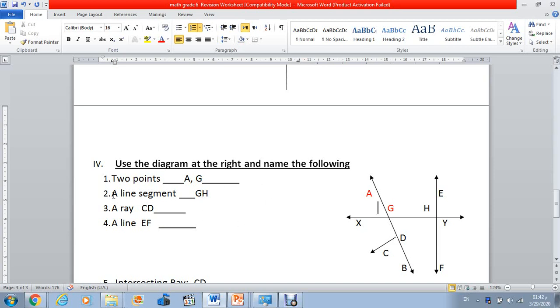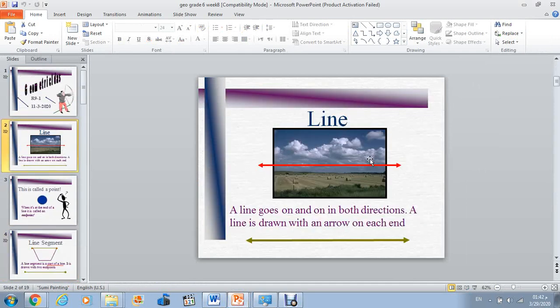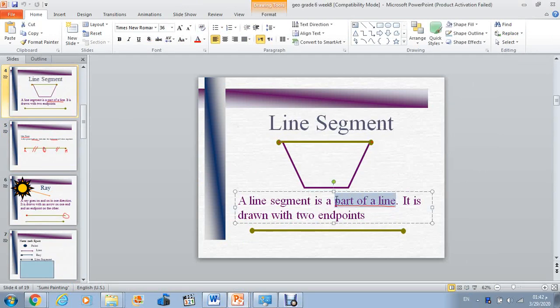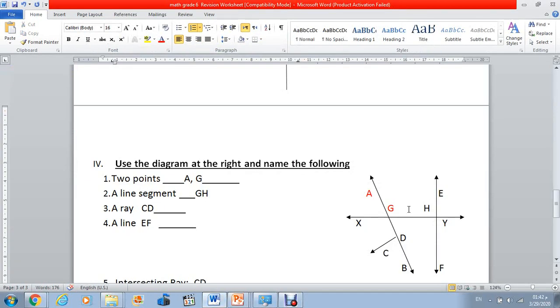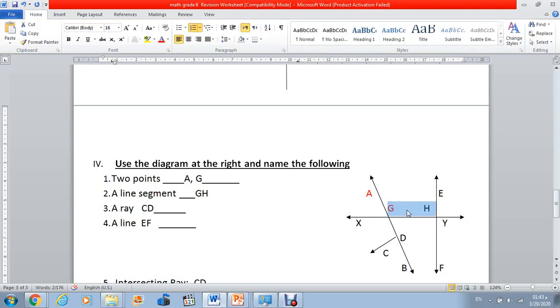Now it asks you for a line segment. We have said together that a line segment is a part of the line. A line is a full line going on and on in both directions. It doesn't end. But a line segment is only a part of the line. So here XY is a line, right? A part of XY is GH.